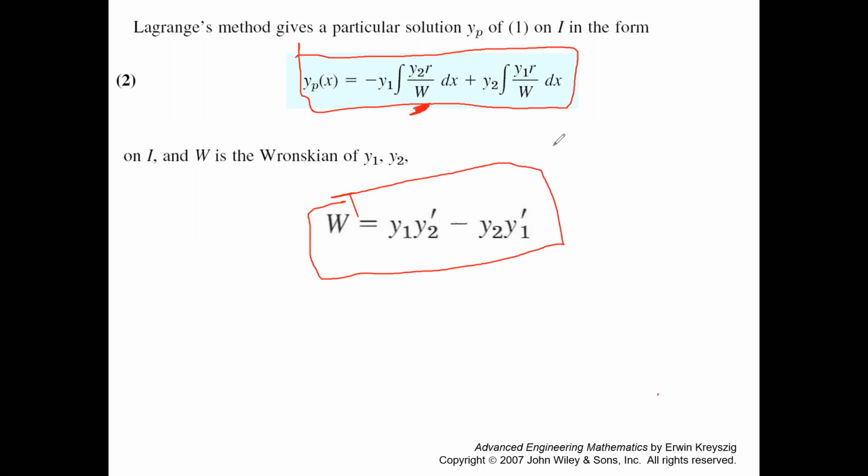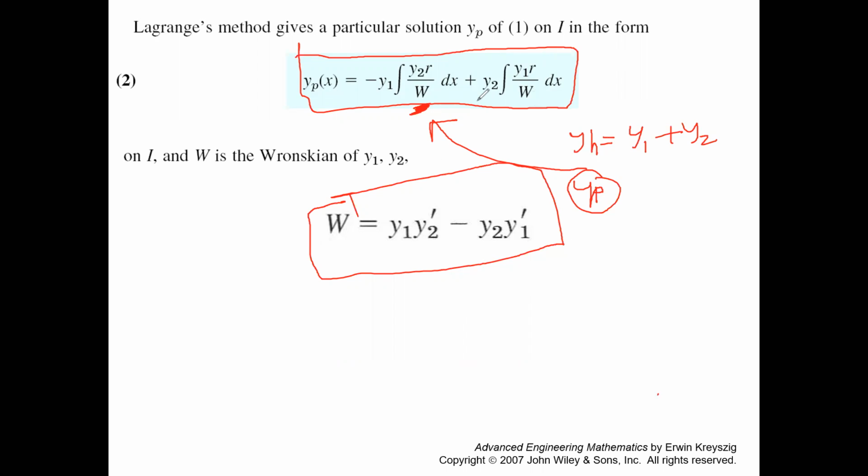If you know yh equal to y1 plus y2, for example, then your Yp can be obtained using this formula. First, you need to find the Wronskian, and then you can use this formula. It's also called the Lagrange method.